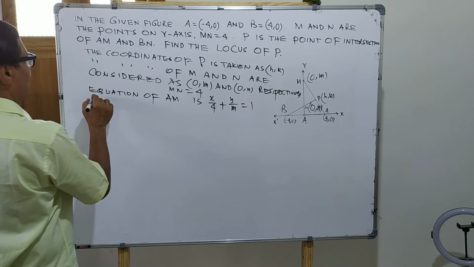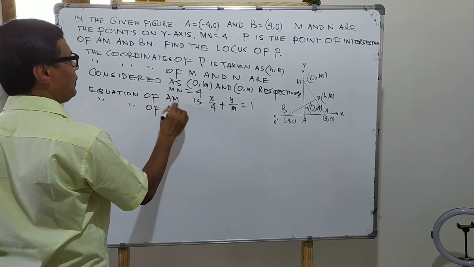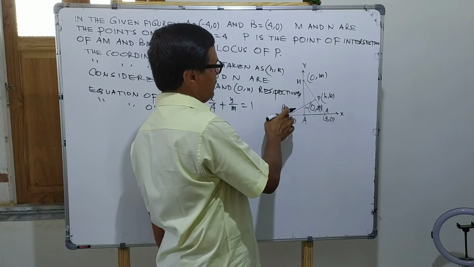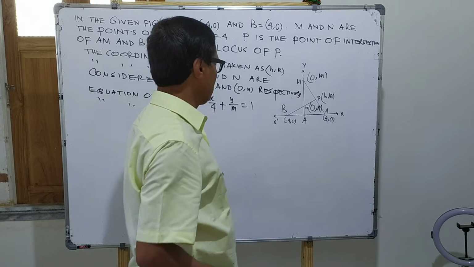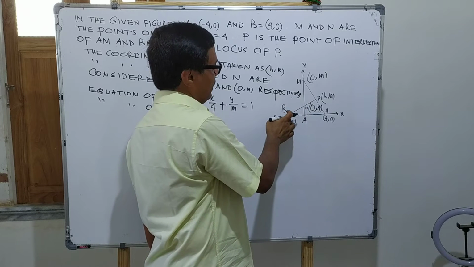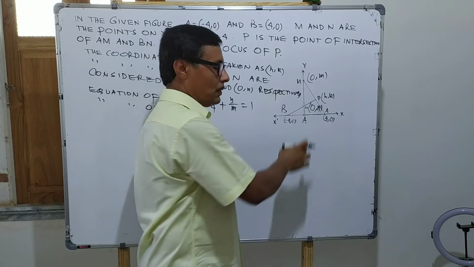Similarly, we can get the equation of BN. Of the 2 points B and N on this line segment, one lies on the x-axis and the other on the y-axis.